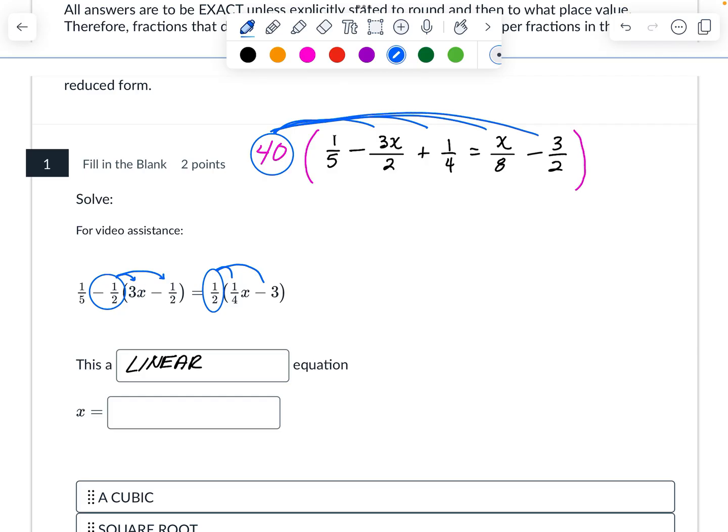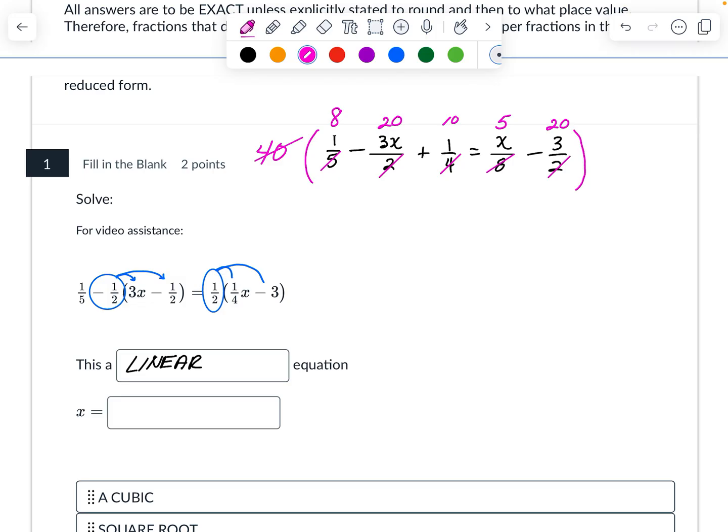The easiest way to do that in my book is to ask myself, 40 divided by 5 is 8. 40 divided by 2 is 20. 40 divided by 4 is 10. 40 divided by 8 is 5. And 40 divided by 2 is 20. And now I've multiplied everything by 40.